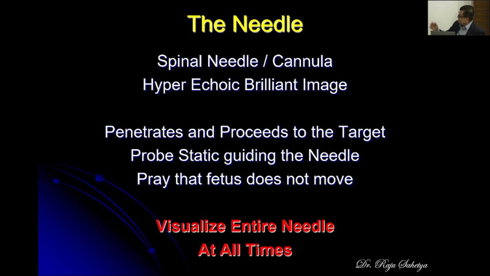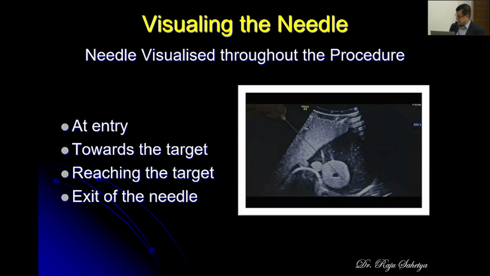So I have already told you, spinal needle or a cannula, both are hyperechoic, brilliant on echoing in the image, and they penetrate and proceed to the target. Probe remains static. You must always visualize the entire path, from skin to the parietes, to the myometrium, and inside. It's not that you have put it inside and then you're finding where is the tip of the needle, the entire needle.